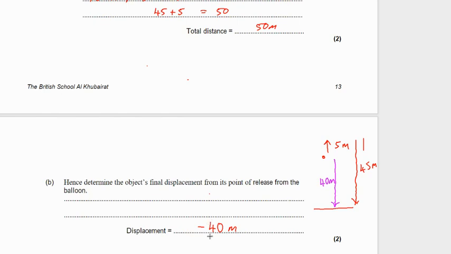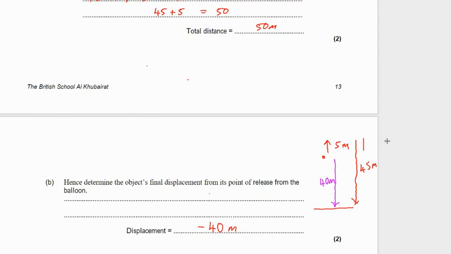Now that will pick you up 1 mark. However, you need to put a negative sign. Why? Because it's downwards. It's below your starting point, so that's negative. Above your starting point, displacement is positive. Below, negative. Same with velocity. Velocity upwards, positive.